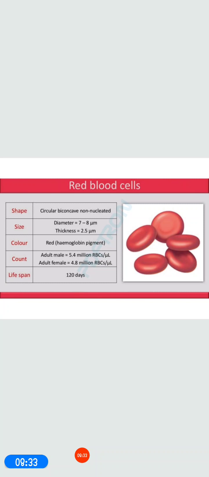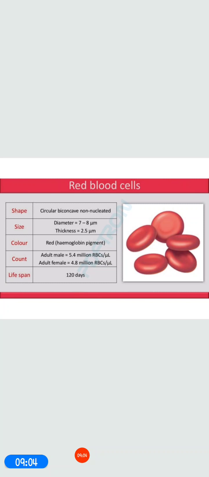RBCs are referred to as red cells, red blood corpuscles, and hematites, also known as erythroid cells, and are the most common type of blood cells and the vertebrates' principal means of delivering oxygen to the body tissues via blood flow through the circulatory system.